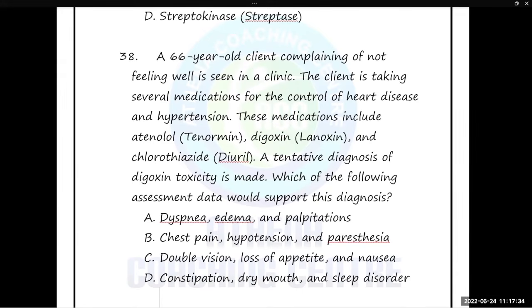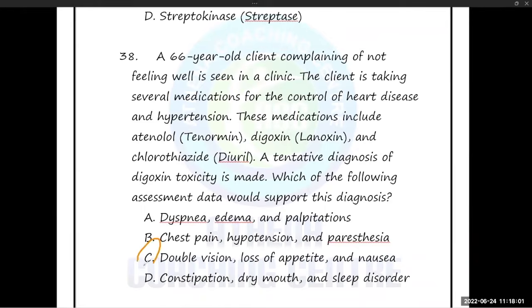Okay, so now select the answer. A is dyspnea, edema, palpitation, so A can be removed. B is chest pain, hypertension, and paresthesia. It's not something related with this. C is double vision, loss of appetite and nausea, and D is constipation, dry mouth, and sleep disorder. So out of this, the correct answer is C. Double vision is a vision change, and loss of appetite is anorexia and nausea.